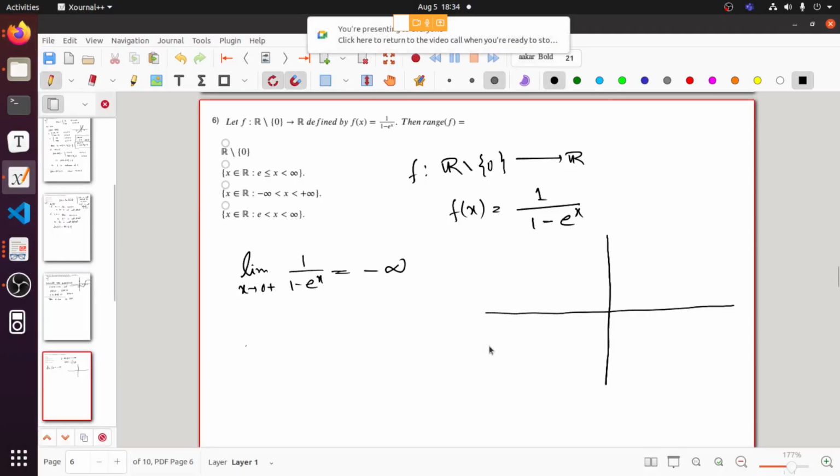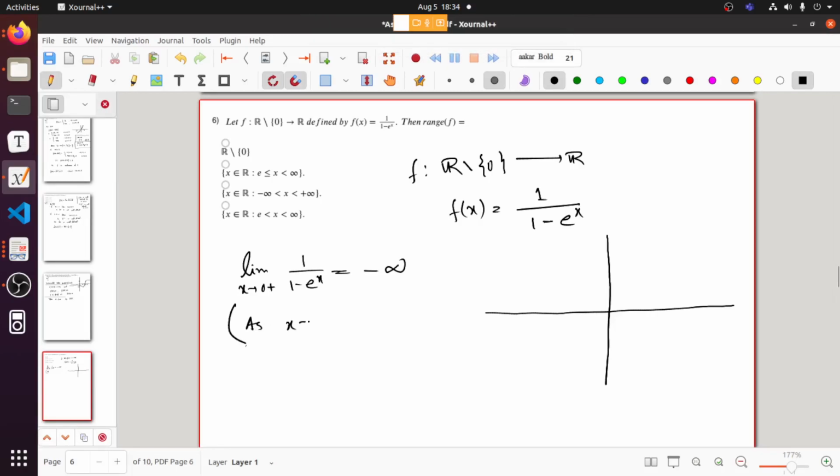Let me explain it again. As x tends to 0 plus, the limit of e to the power x is 1, and e to the power x is greater than 1 for all x greater than 0, right?